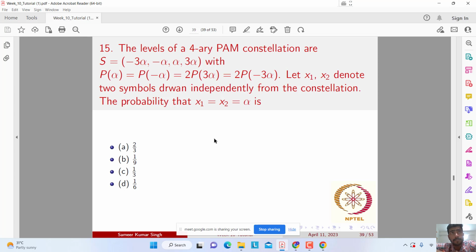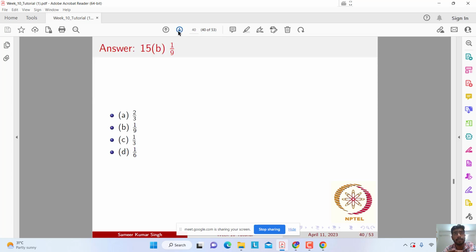Okay, great. We have to use these conditions, and after that we multiply both the terms. So the answer will be 1 by 9, and that is the explanation.